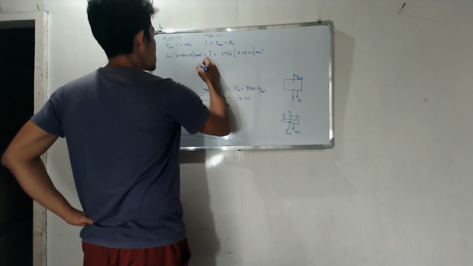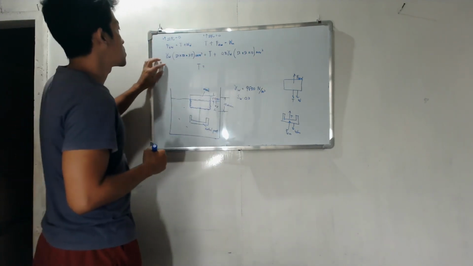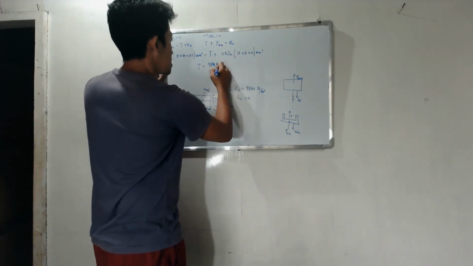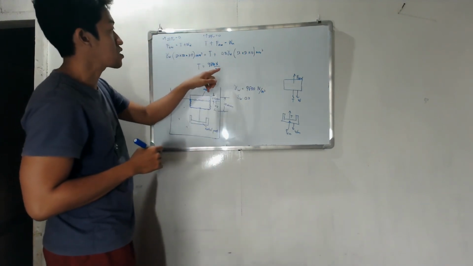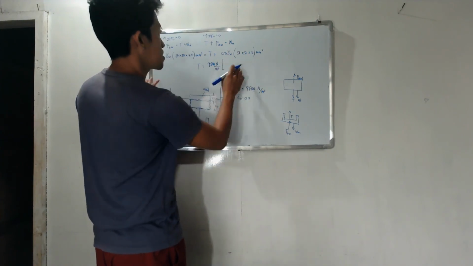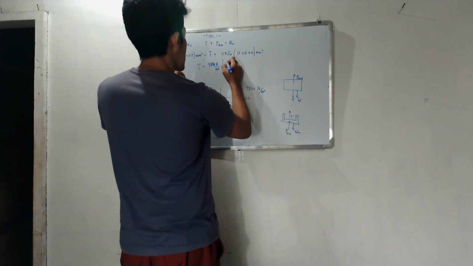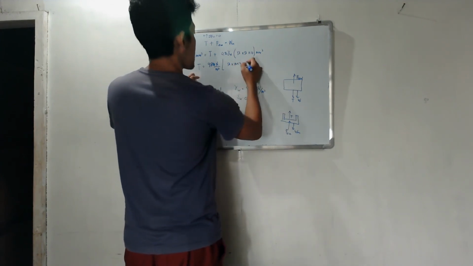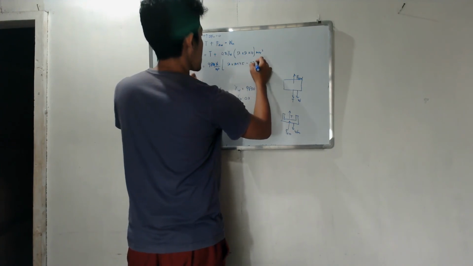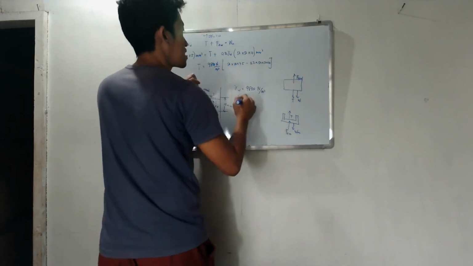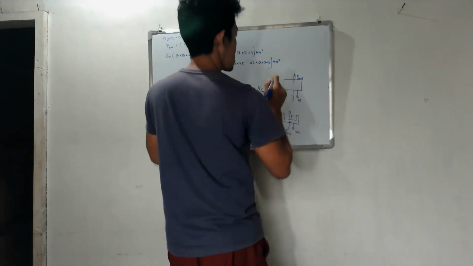Okay, so given yung gamma, masolve na ang tension to be equal to gamma water is 9,800. Take note, ang unit niya is Newton per m cube, so i-convert na ni. Times, ato nang i-transpose dito, 50 by 50 by 7.5 minus 0.3 times 50 by 50 by 10 mm cube.